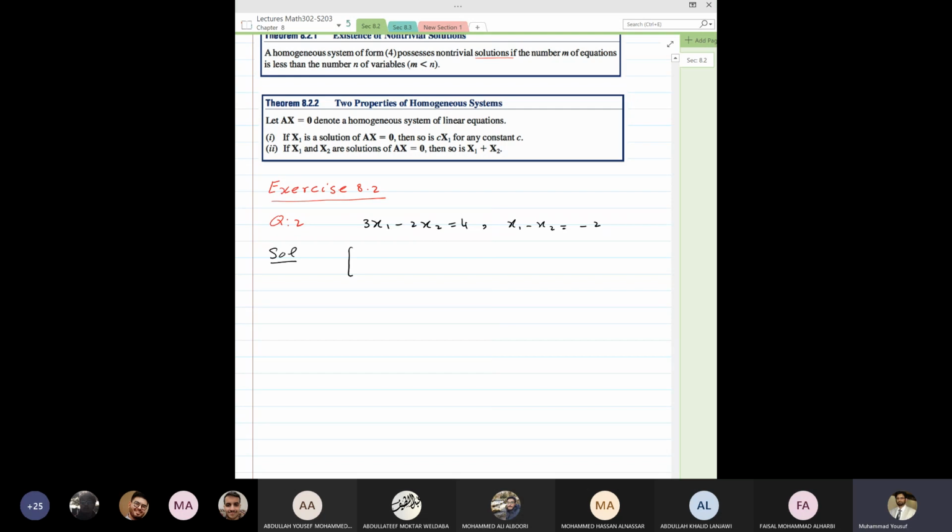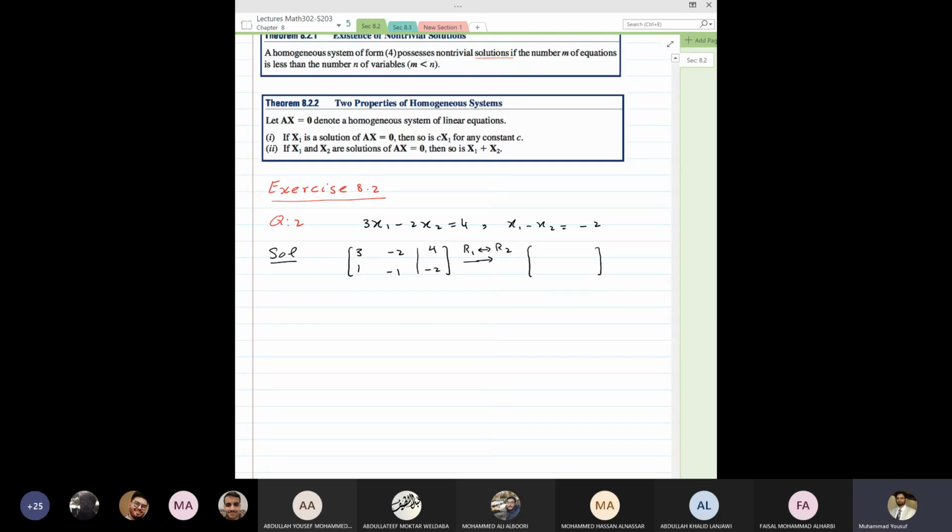What I do, I make the augmented matrix: 3, -2, equal 4; 1, -1, equal -2. The first thing I need to do is to make the leading coefficient in the first row equal to 1, and I can do that by interchanging row 1 and row 2.